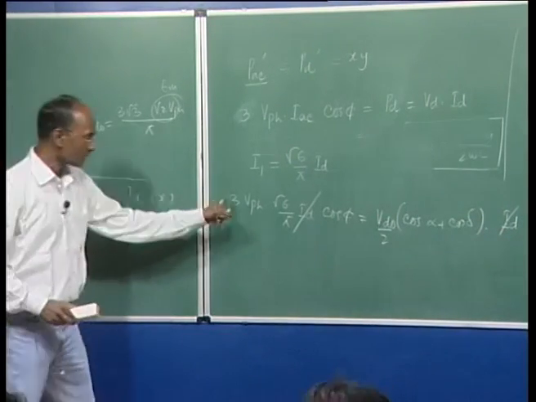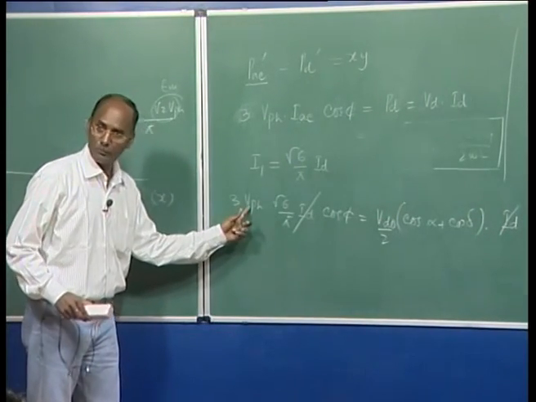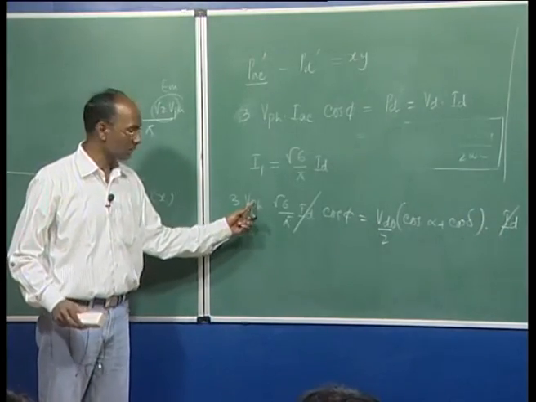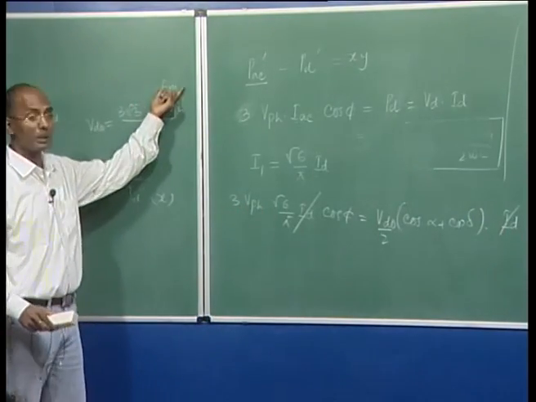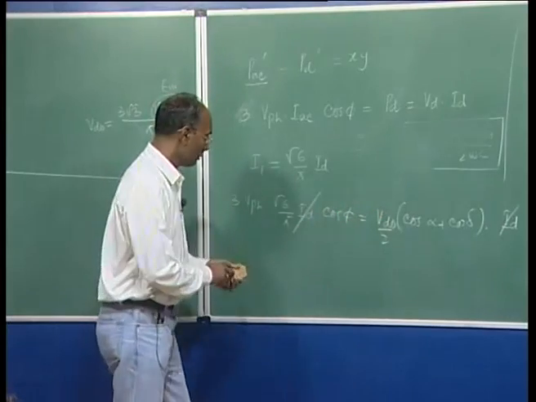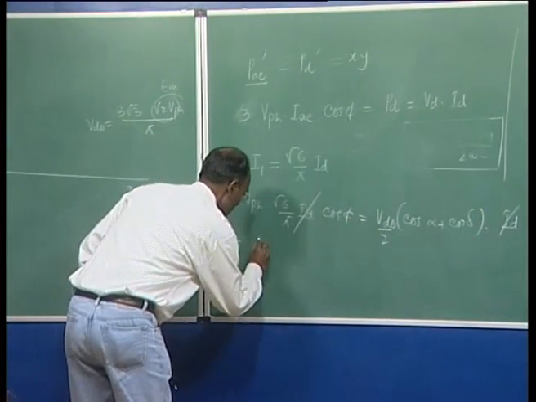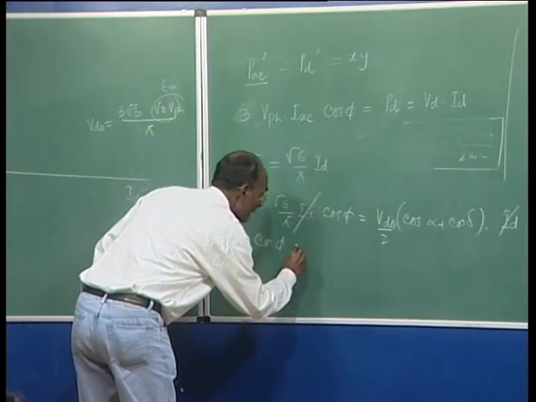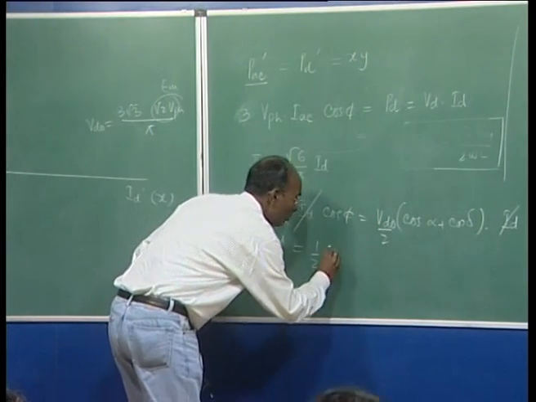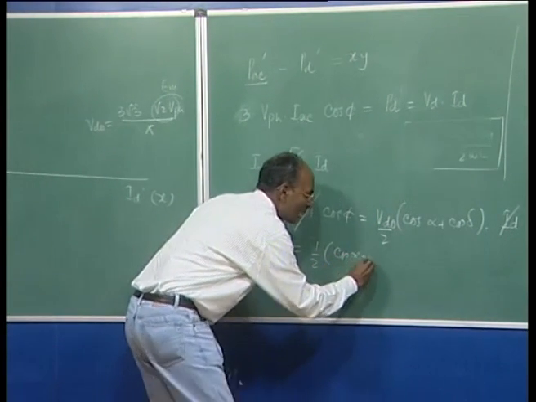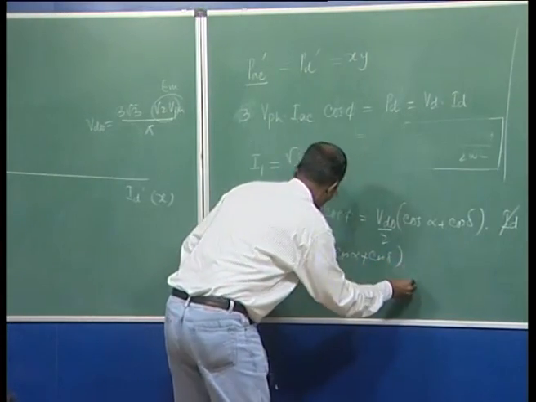Okay, this 3 under root 3 I have taken, this V phase here is RMS value, so the under root 2 is multiplied here, it is your peak value, that is your VDO. Now what we are getting from here, your cos phi is equal to 1 by 2 cos alpha plus cos delta.